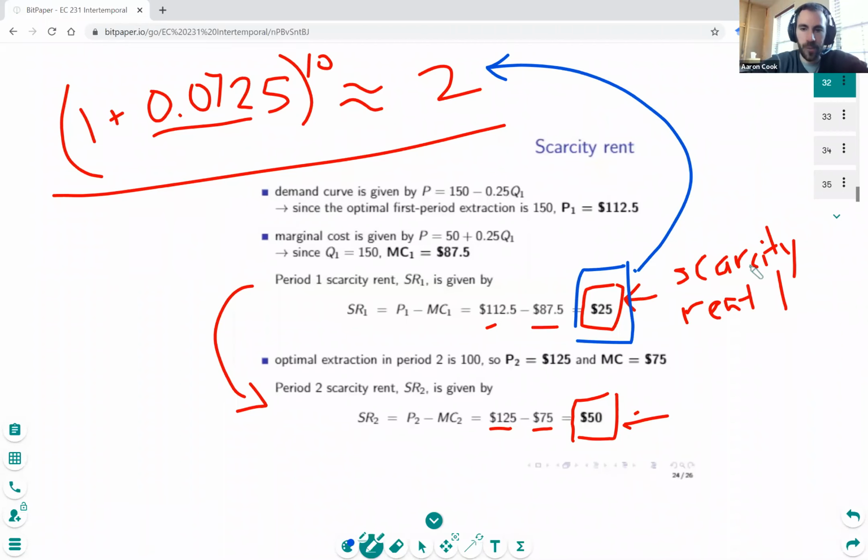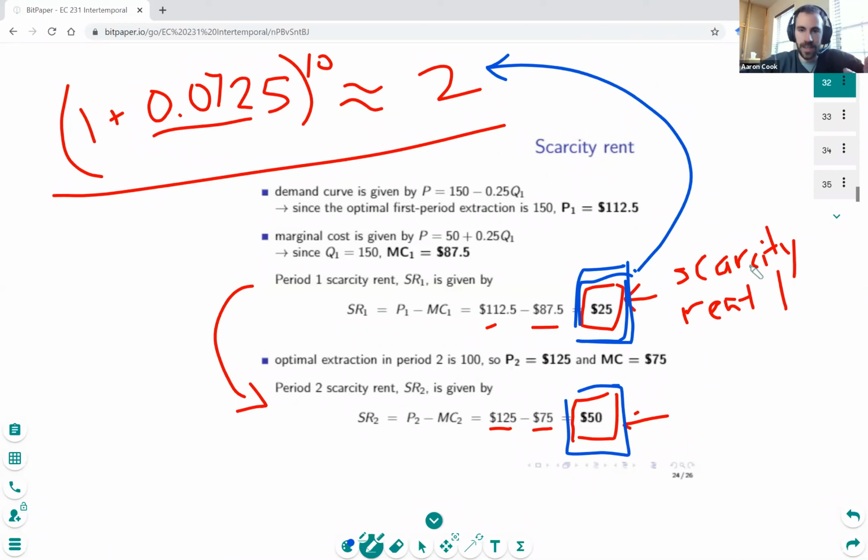So in a way, the resource owner is optimally trading off benefits now versus benefits in the future. If they have $25 of marginal profit today, they invest it at 7.25%, and it doubles, and it exactly equals what their scarcity rent would be in the future.